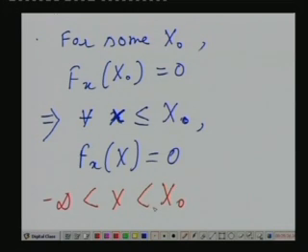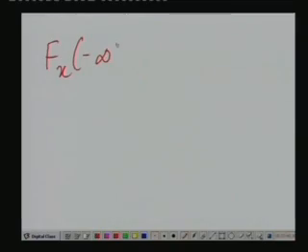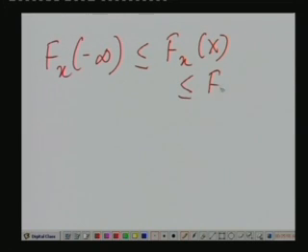But since the probability distribution function is a non-decreasing function, this implies the following. But this is 0 and this is 0, so this has to be 0. All right, so this is property number 3.